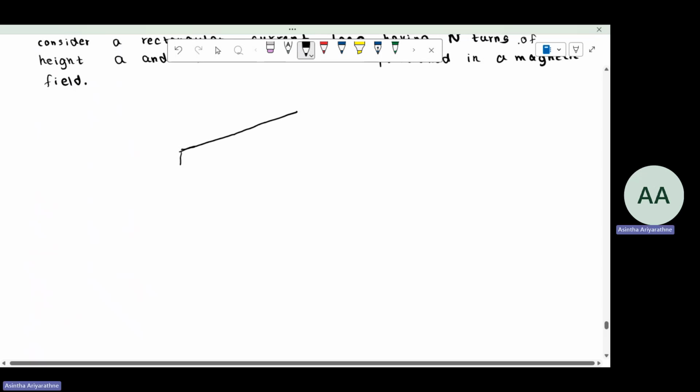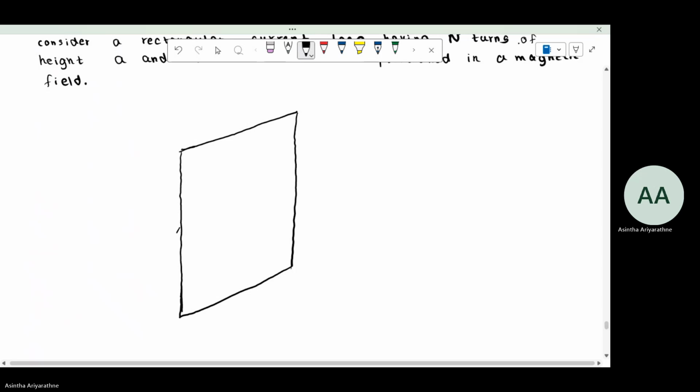So this is the current carrying loop that we are considering, with current I, and this is the axis; the field rotates around this axis.